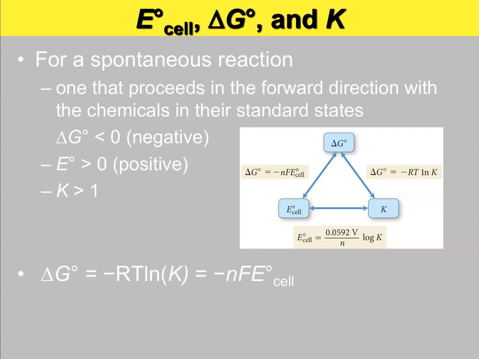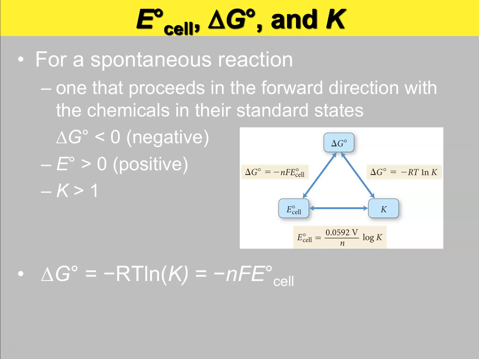So we know that delta G equals negative RT natural log of K, the relationship between Gibbs and equilibrium. We also now see that Gibbs and cell potential are related when delta G equals minus nFE cell potential. n is moles of electrons, F is Faraday's constant.